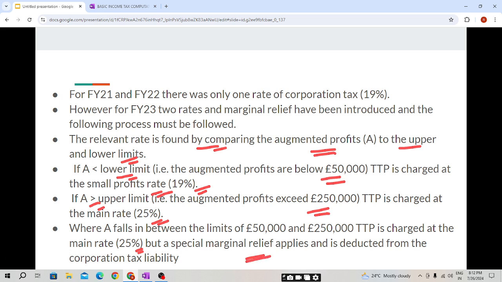And students, these rates will not act as a tax band. I hope this is clear.